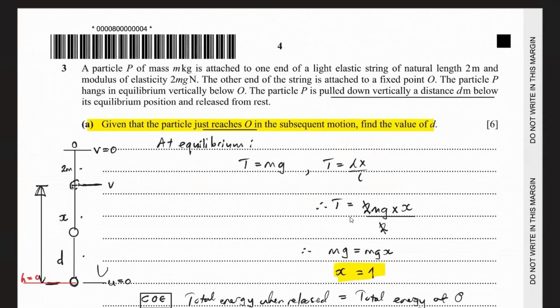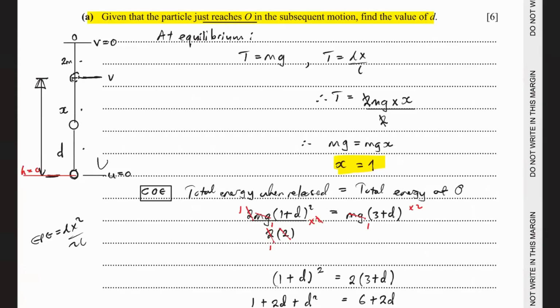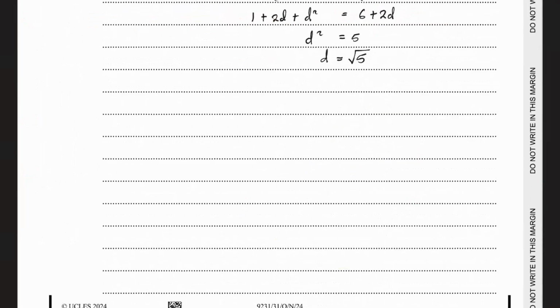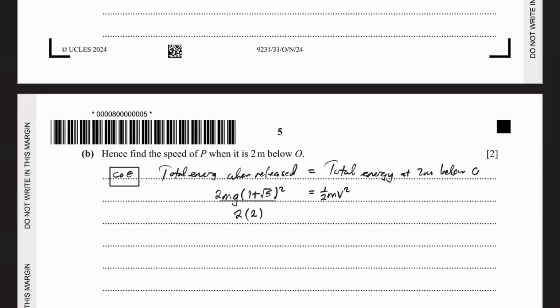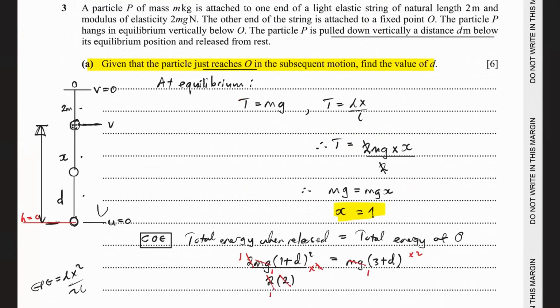Then the gravitational potential energy, while at this level, will be mg times the height, x plus d. So it's plus mg of (x, which is 1, plus d). The elastic potential energy, if you look at this point where the particle is, we can see that the particle will have an extension of 0 because it's actually 2 meters, where 2 meters is the natural length.